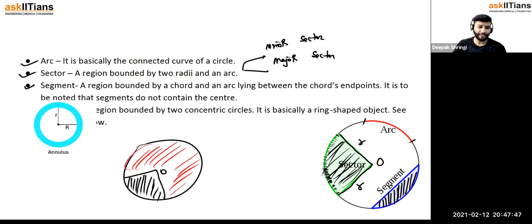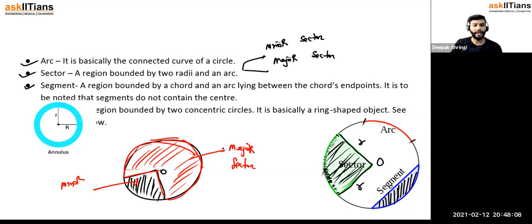Because this is also made by a complete arc, from here to here. This is an arc, and these are two radii. This is also a sector. Yes, both of them are sectors. But the smaller one is called the minor sector, and the bigger one is called the major sector, right?